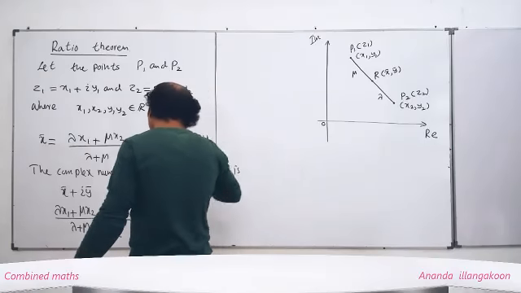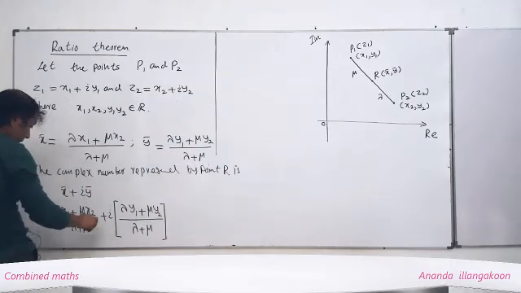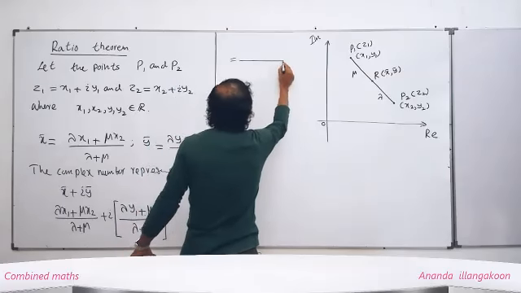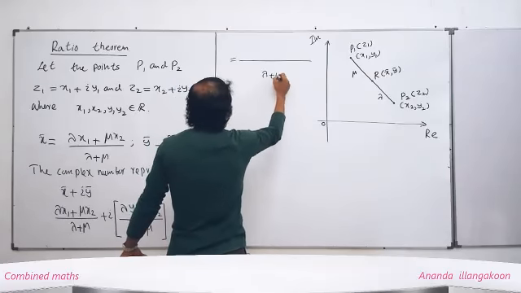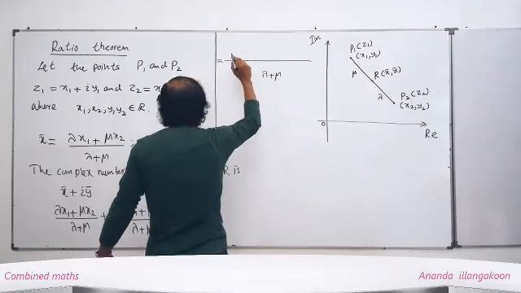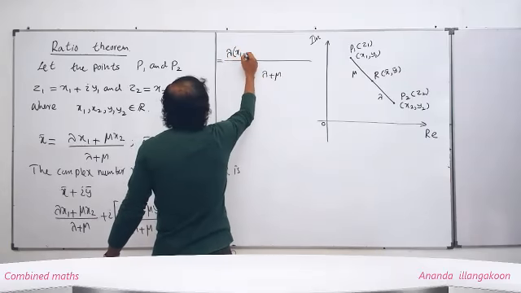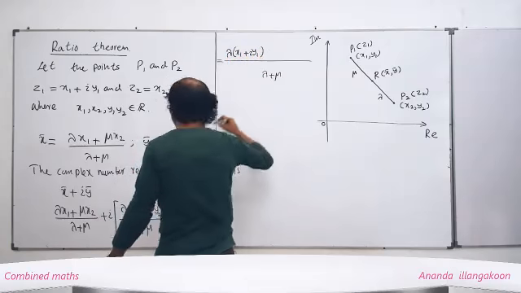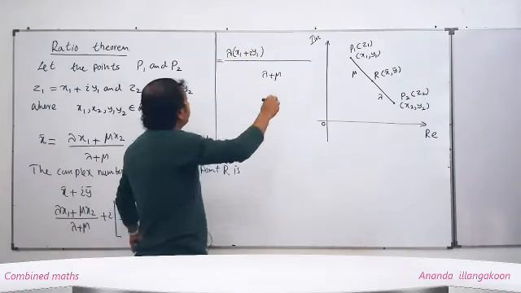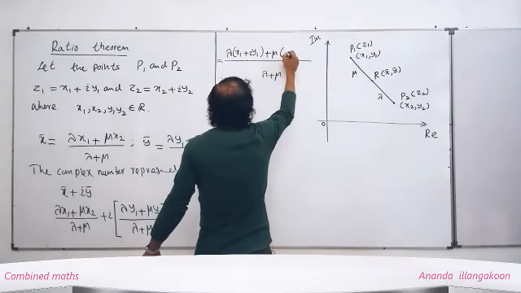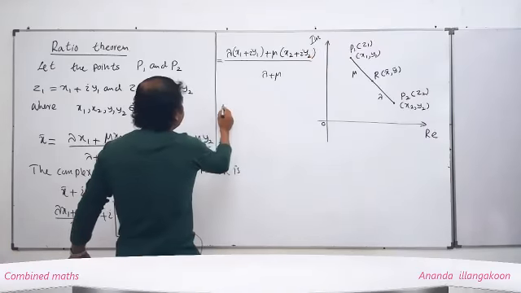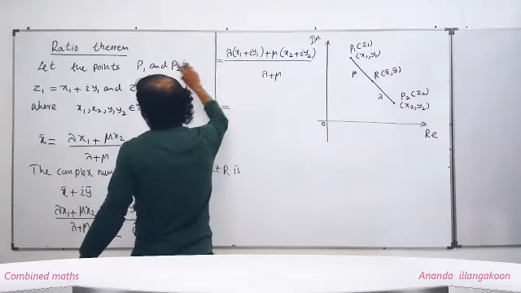Right. Here we can take lambda out, and lambda plus mu we can write at the denominator. So take lambda out, x1 plus i y1, plus mu times x2 plus i y2. These, people, is Z1.